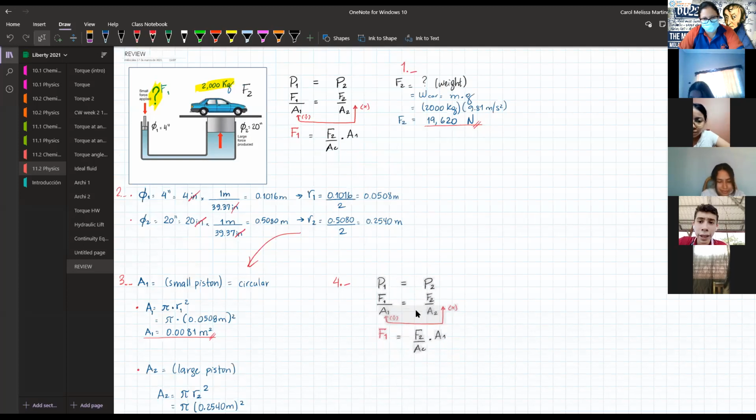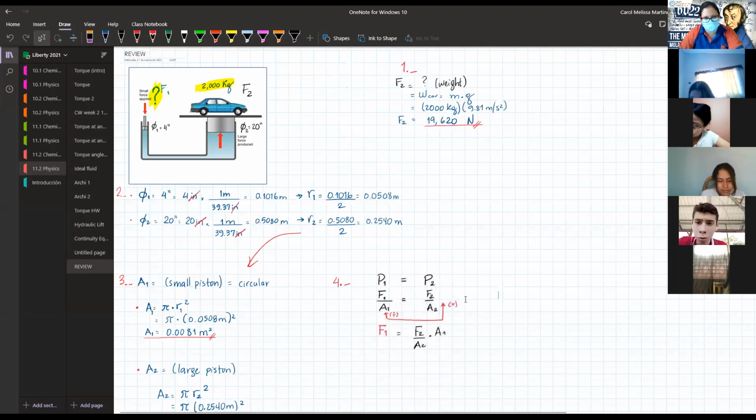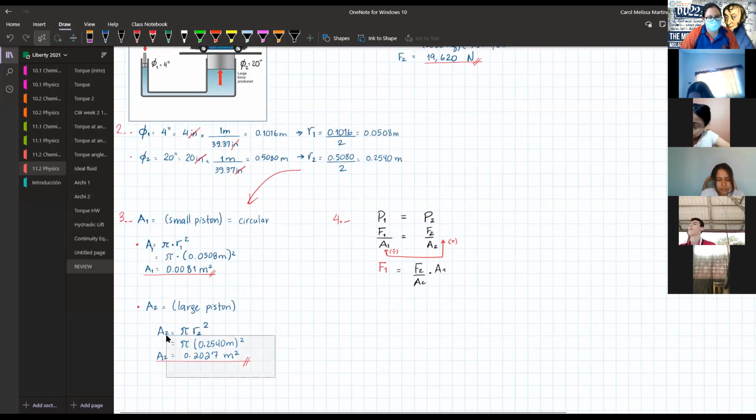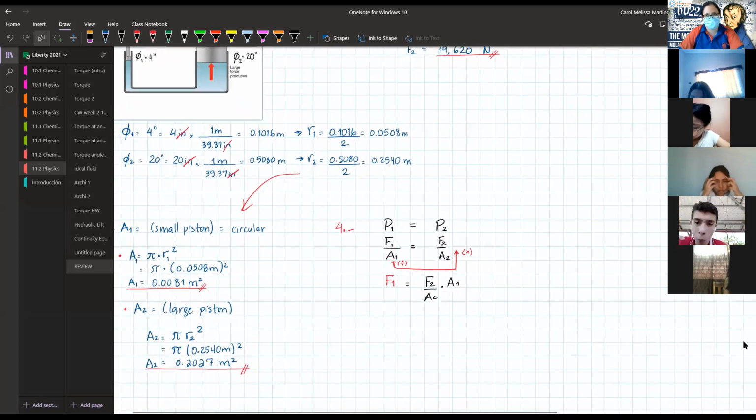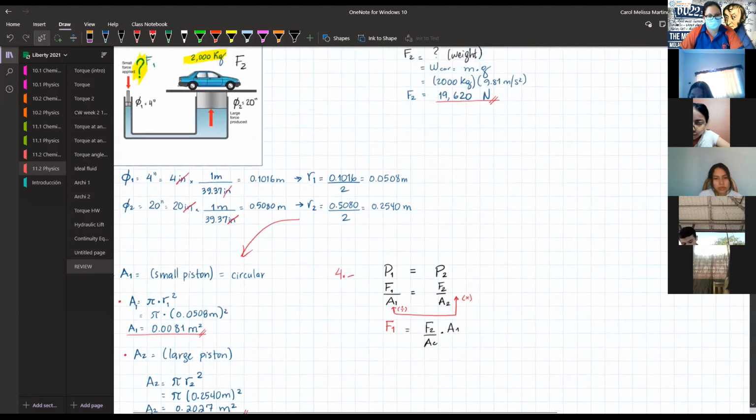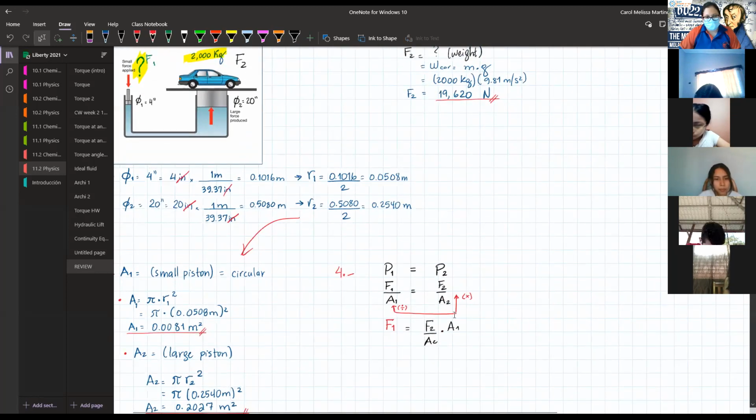We apply Pascal's principle. We say that the pressure on both sides of the hydraulic lift is equal. And then we isolate for the force 1, that's what we're trying to find.